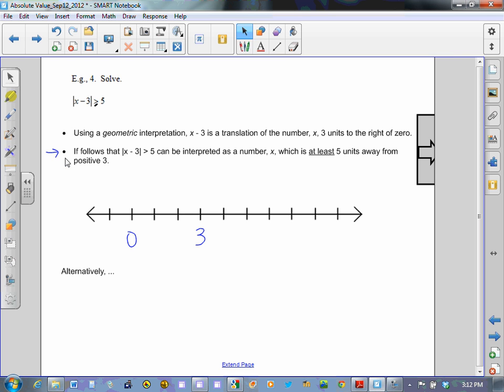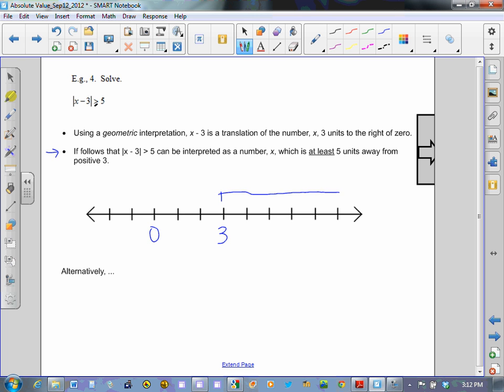Just looking at this number line and thinking ahead, let's travel 5 units from 3. We'll end up over here at this particular location, and at this value, we have a value of 8. Okay, so plus 5 units.